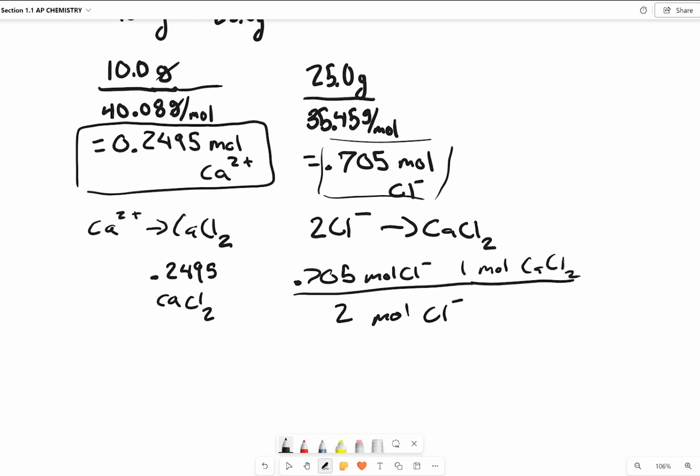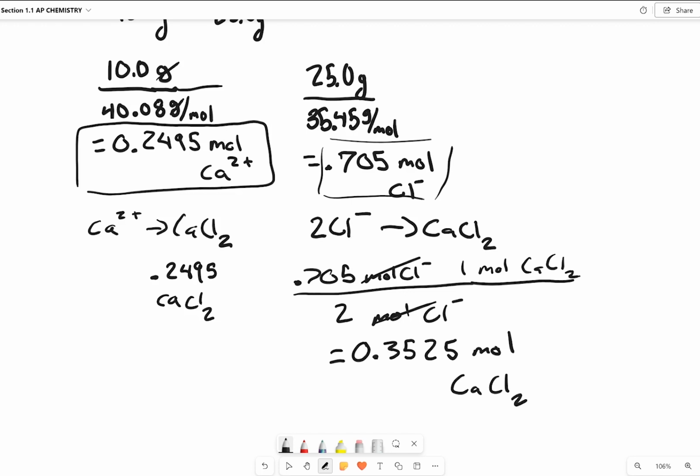So when we cancel out the moles, we have 0.705 divided by 2. In this case, where we have the calcium ion in excess, we would have 0.3525 moles of calcium chloride.